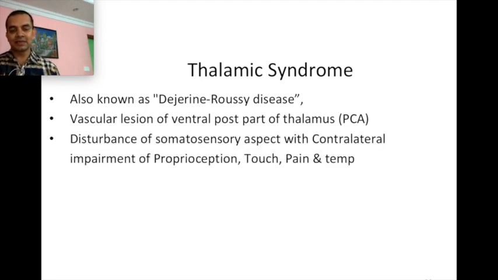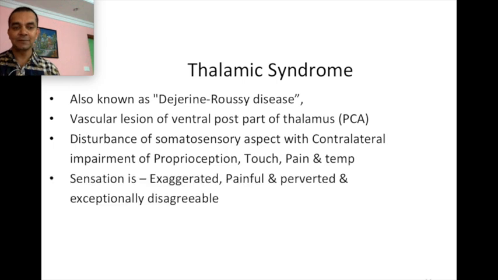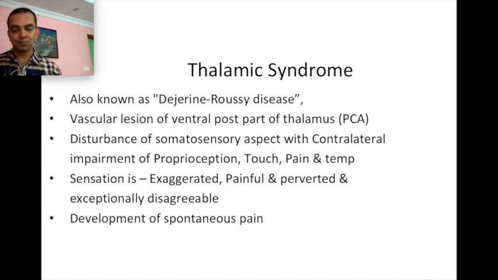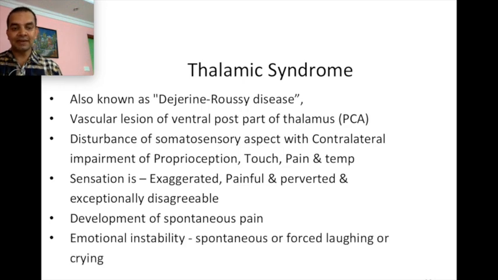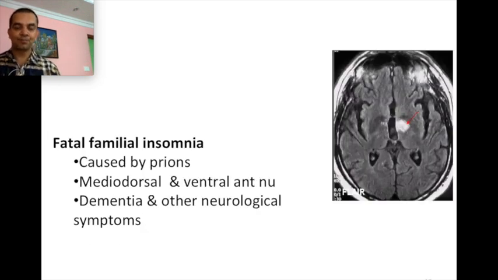The disturbances are mainly in the somatosensory aspect, with contralateral impairment of proprioception, touch, pain and temperature. Sensations are exaggerated, they become painful and perverted and exceptionally disagreeable. There might also be development of spontaneous pain and emotional instability, resulting in spontaneous or forced laughing or crying.